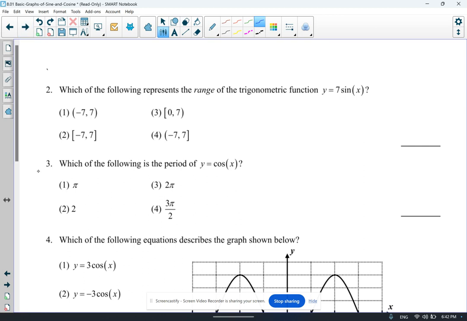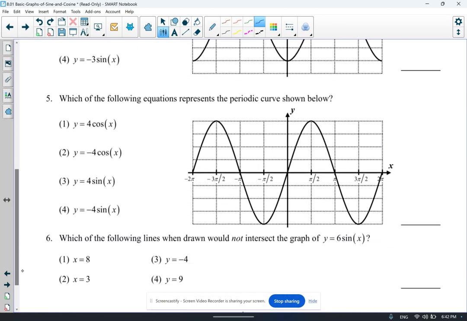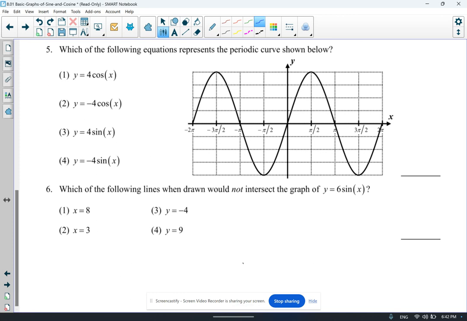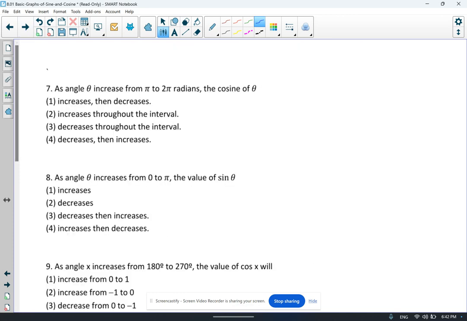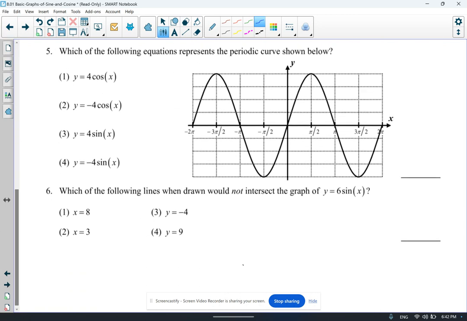Okay, I'm not going to go through all these problems, but I did want to go over a problem like 7, and then I'll go back to a problem like 6.